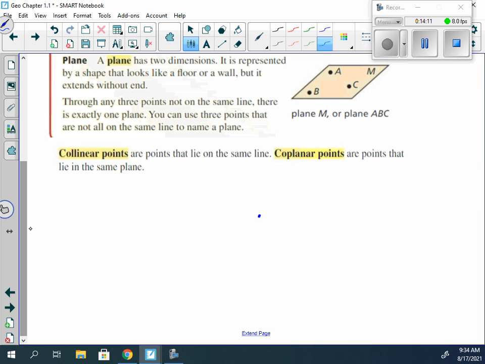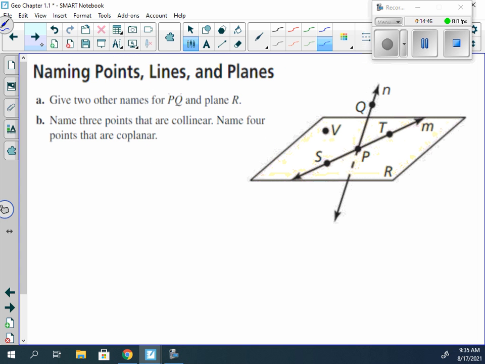Coplanar, points on the same plane. Not bad definition so far. And you guys have seen all these definitions already from the vocab sheet, yes? Awesome. Okay. Let's look at the first example.